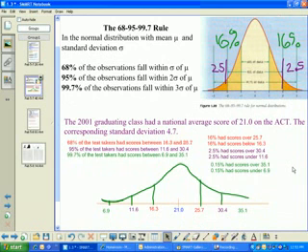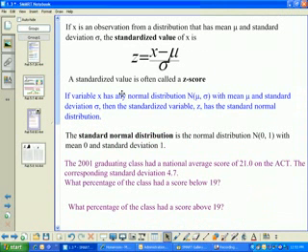But using this model, the 68, 95, 99.7 rule, we can only really get an estimate. So we need to talk about a Z-score, which is going to help us determine the likelihood or the probability of a score falling in a different range that doesn't fit in the 68, 95, 99.7 rule.